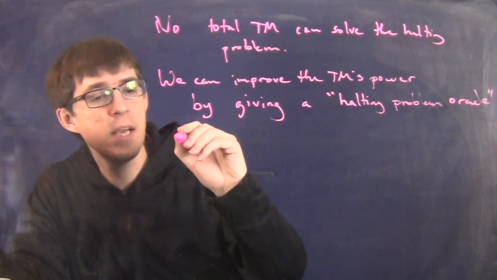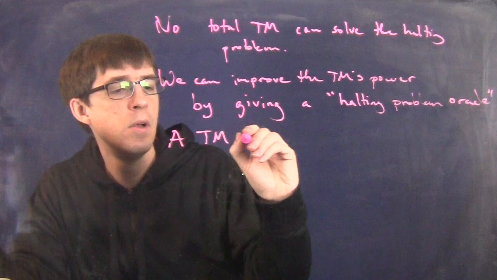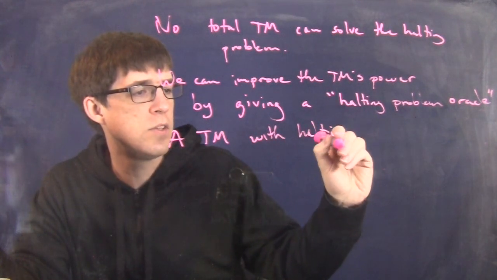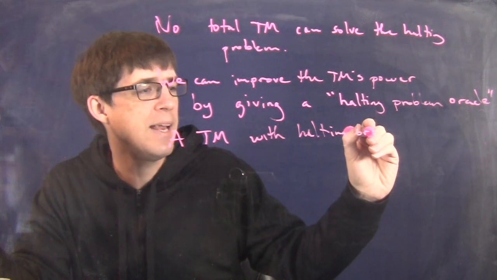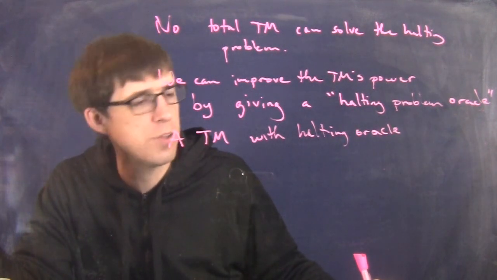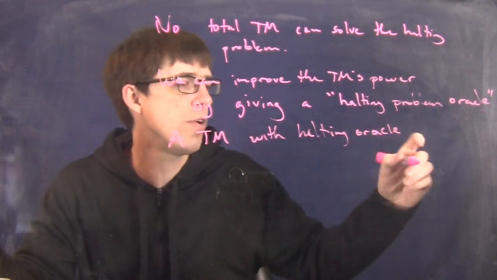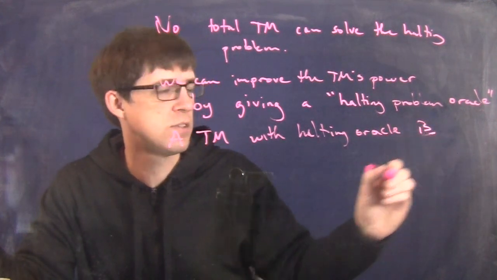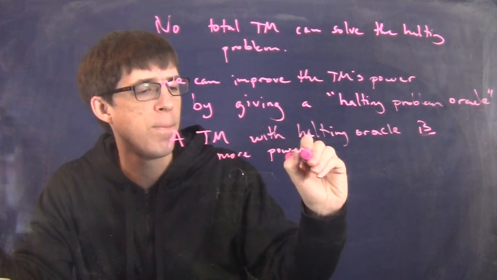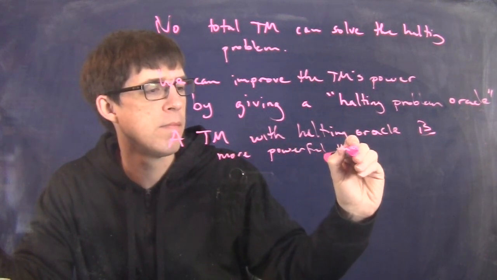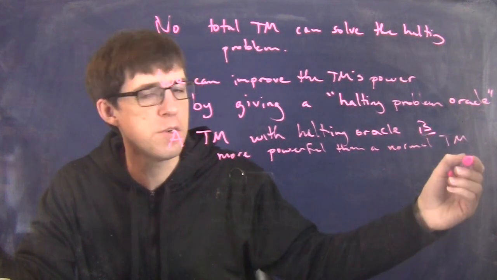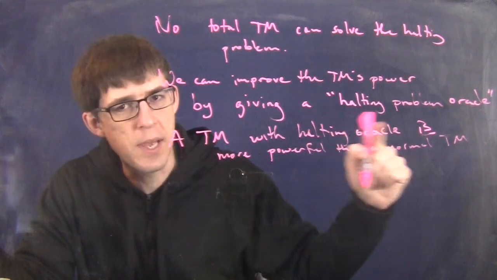But a Turing machine with halting oracle means it does the ordinary Turing machine stuff, and also at any moment it can magically solve a halting problem. A Turing machine with halting oracle is certainly more powerful than a normal Turing machine, because the normal Turing machine cannot solve the halting problem. This one can, just by magic.